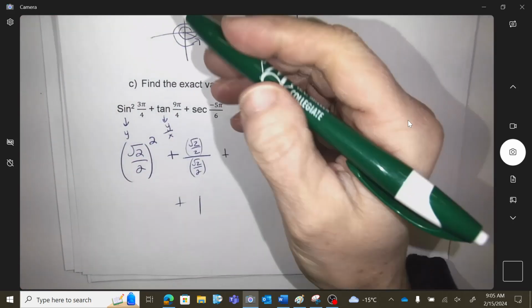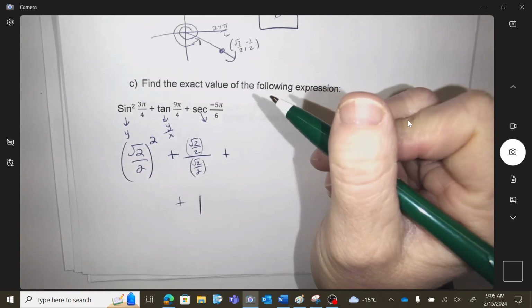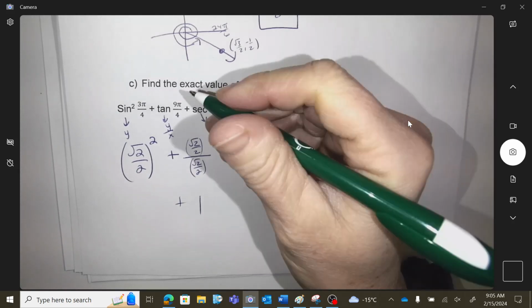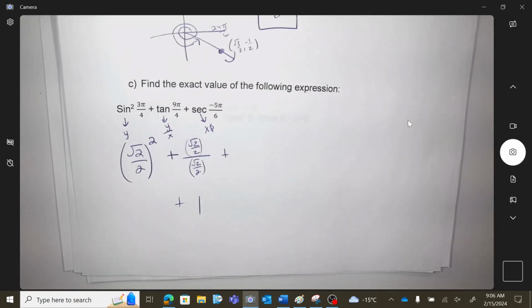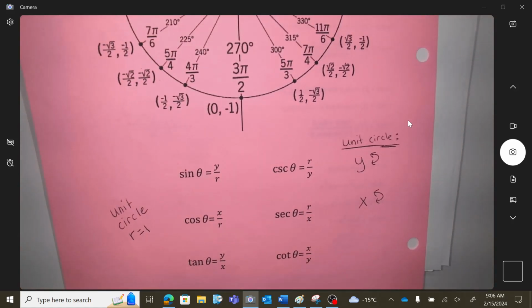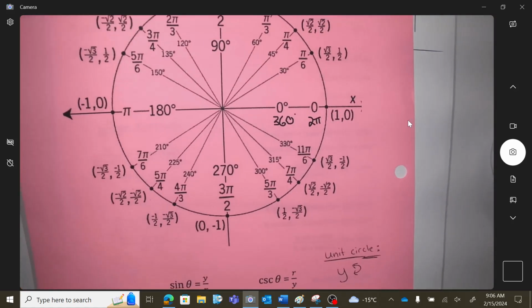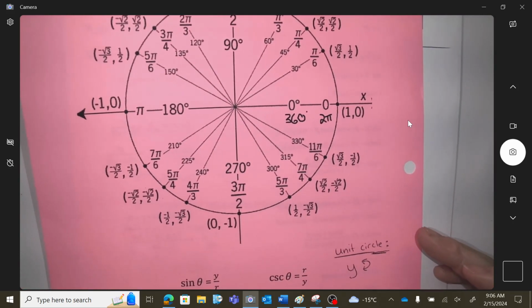Secant, so secant is me doing what? Flipping x upside down. And then negative, where are you? Negative 5/6 of the way. Negative 5/6 of a half circle.